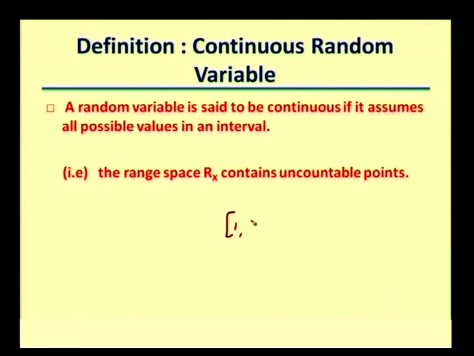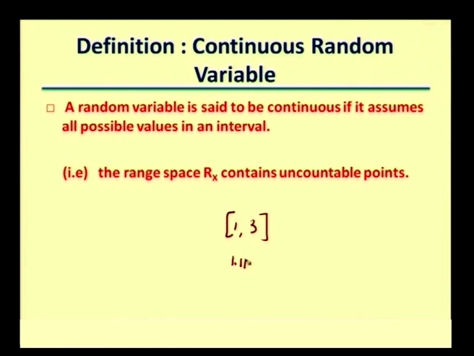Okay. What happens to a number which takes the values in an interval? For example, if you consider the interval 1, 3, by looking intuitively you can say how many numbers are there in this interval? 1, 2, 3, isn't it? It is not like that. There are uncountable values in the interval 1 to 3. For example, if I take the point 1.11, it also belongs to the set 1, 3.